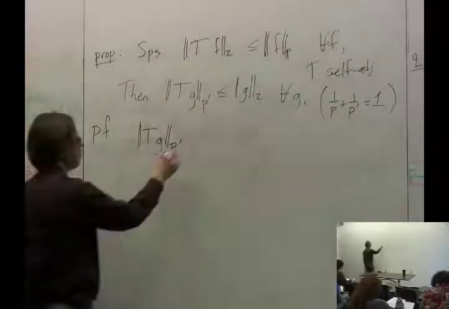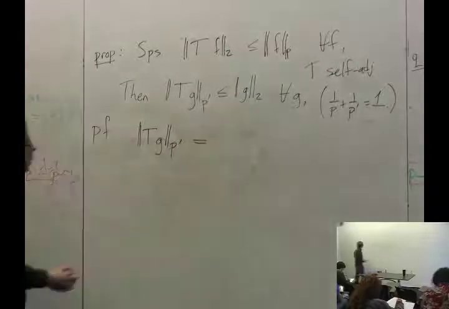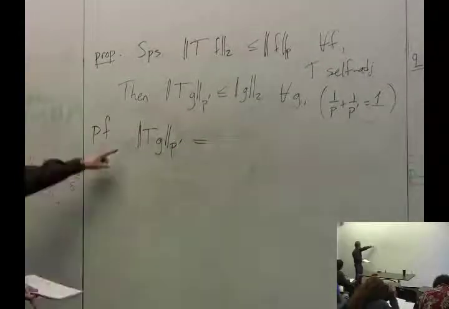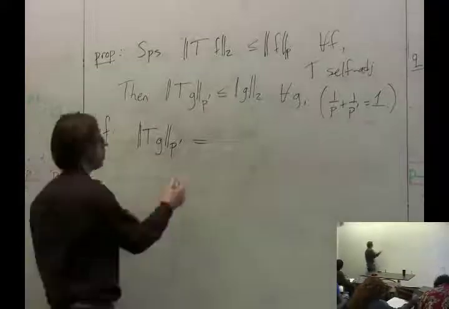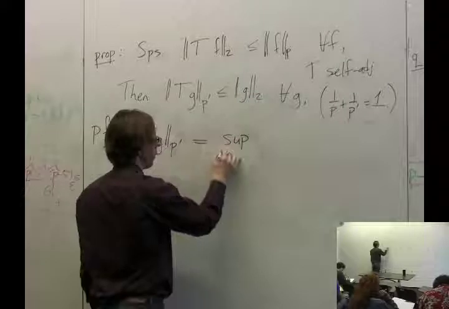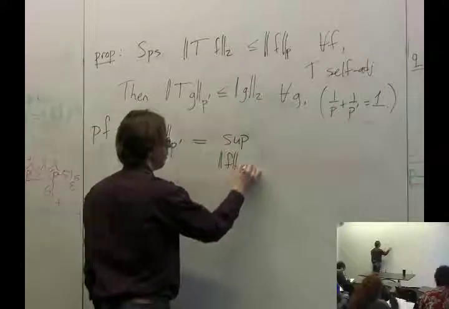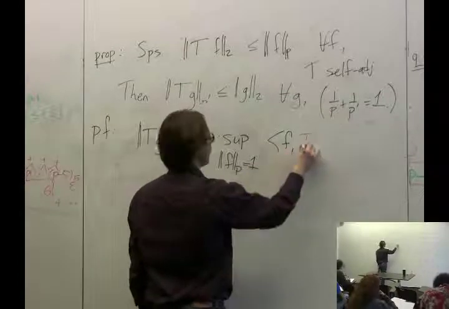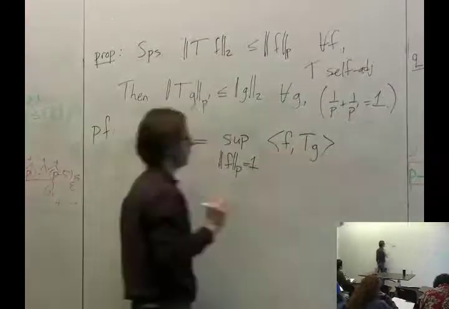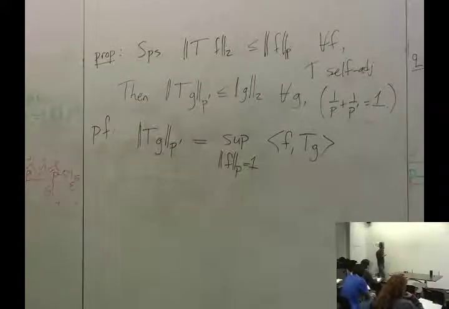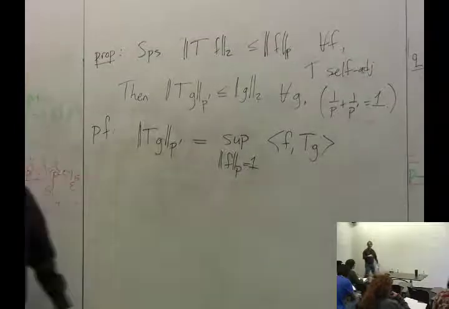OK, so here's a fact that you may know if you've taken some higher analysis classes. The P prime norm of a function is equal to the supremum over all functions f that have P norm equal to 1 of the inner product of f and the function. This is like saying that the dual space of LP is LP prime.